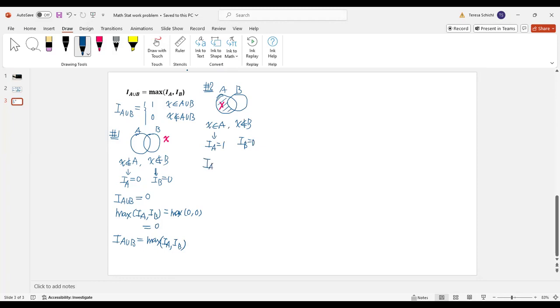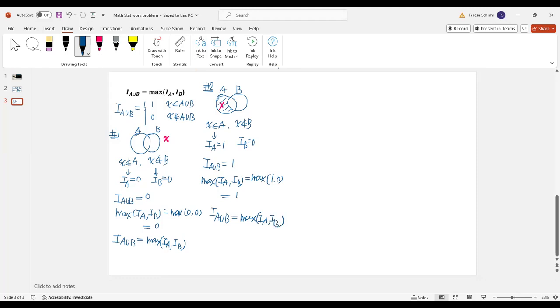For the indicator of A union B, because X belongs to it, it's 1. The max of IA, IB is the max of 1 and 0, which is 1. That's right. So I proved IA union B equals the max of IA, IB.